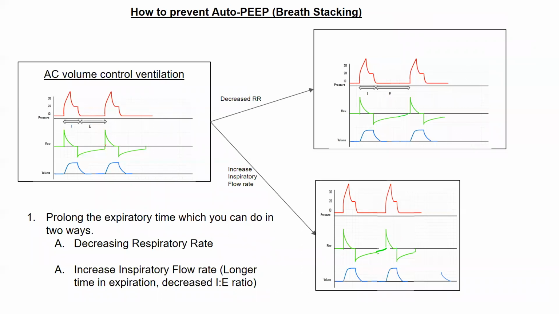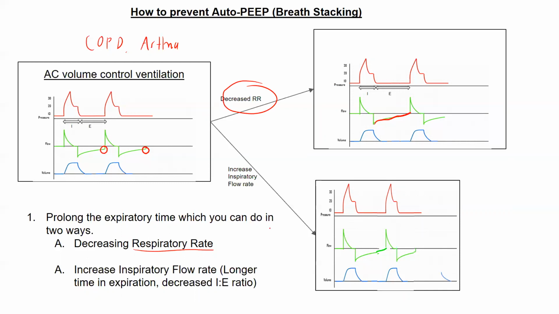And remember, a big hint for breath stacking is this expiratory flow diagram not going back to zero before the patient takes another inspiratory breath. Things that you can do to really inhibit breath stacking, in patients with COPD, asthma, bronchoconstriction, who need a longer time in expiration to get all the air out, are decreasing your respiratory rate. So look, if you decrease your respiratory rate, you're going to prolong that expiratory time.